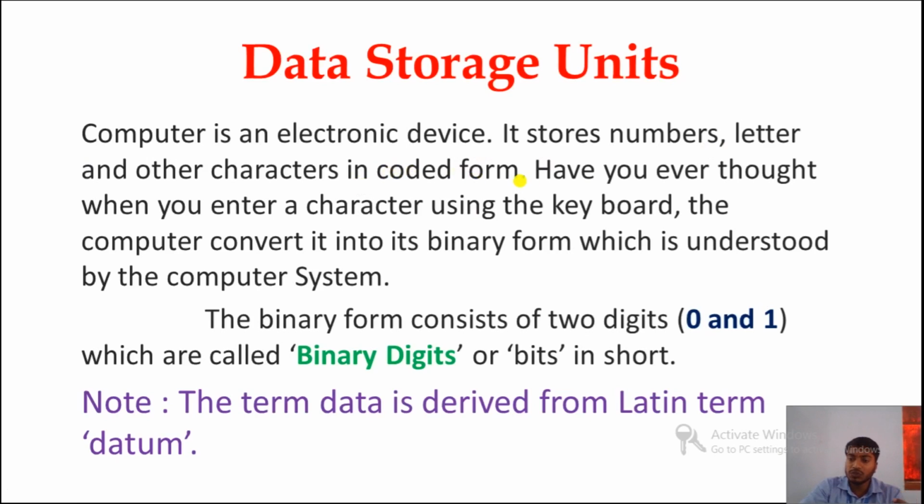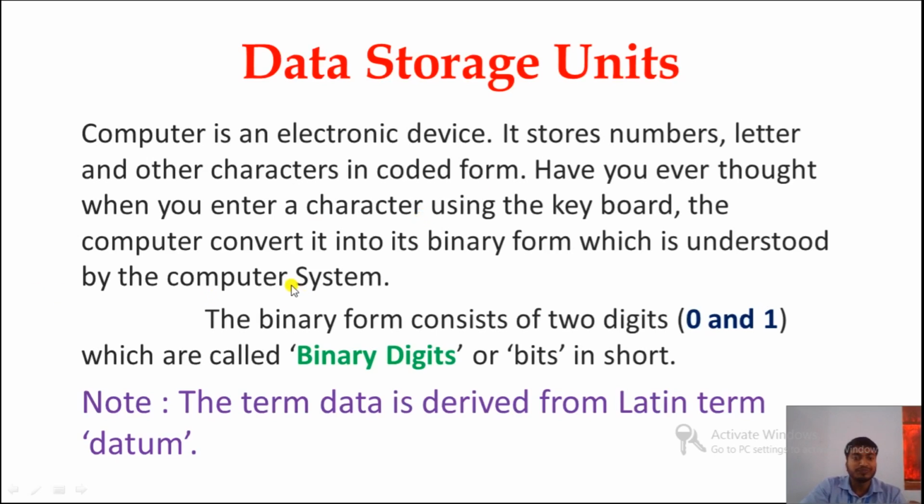We used to give the data in our own language, and you know very well we give it in English, but the computer converts these inputs into binary form so that the computer understands the given inputs.